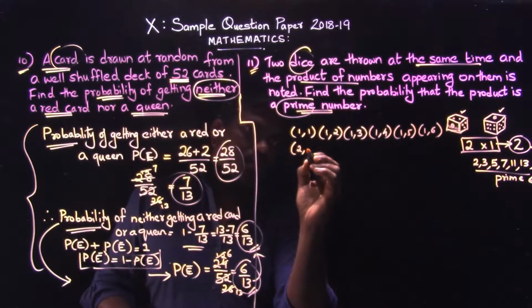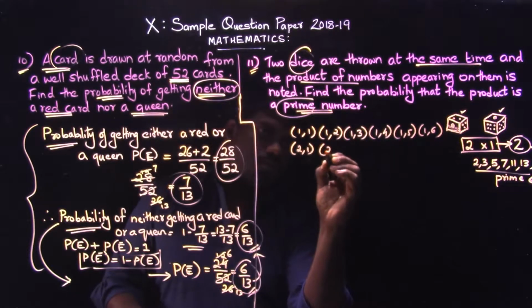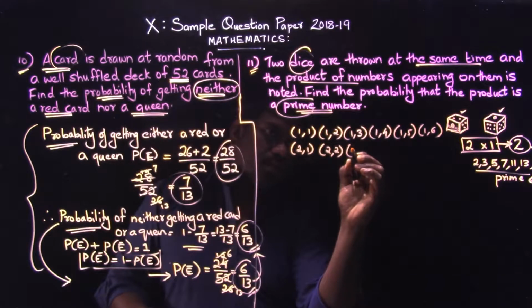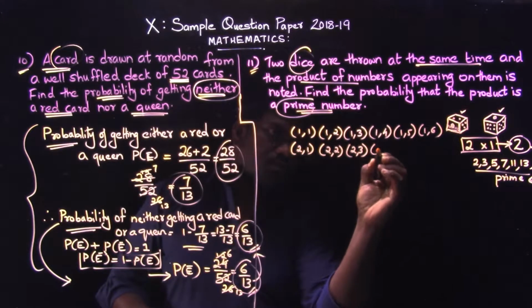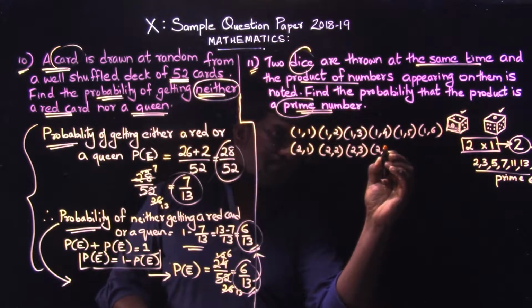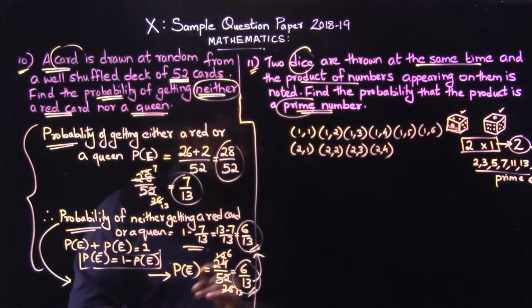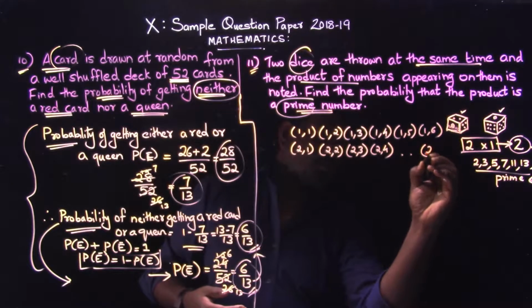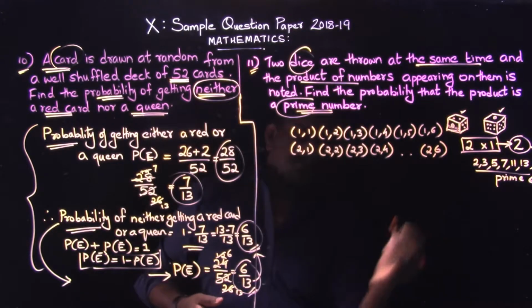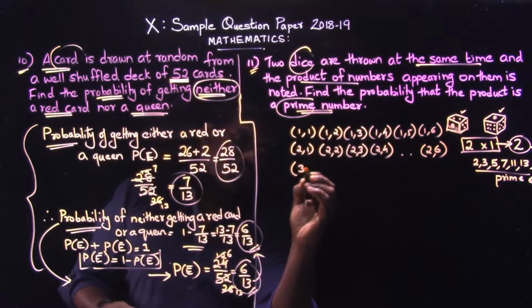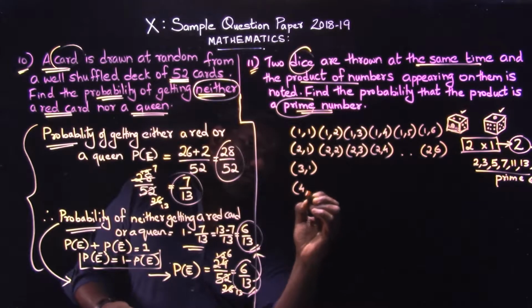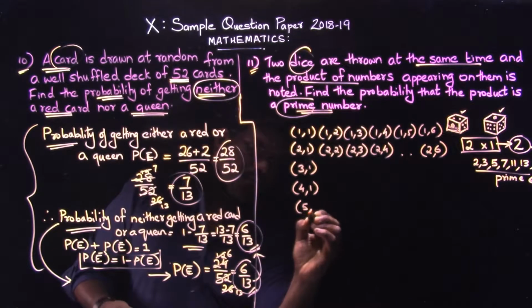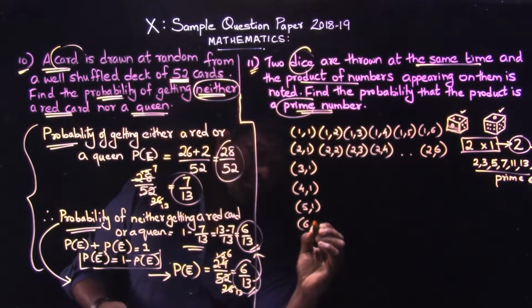Then the second one: 2, 1, then 2, 2, then 2, 3, 2 and 4, the same way, continuing till 2, 6, right? Then you have 3, 1, you have 4 and 1, you have 5 and 1, you have 6 and 1.